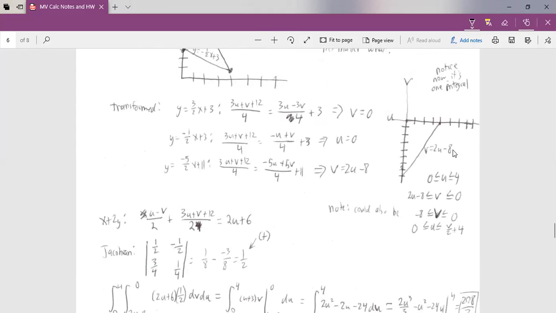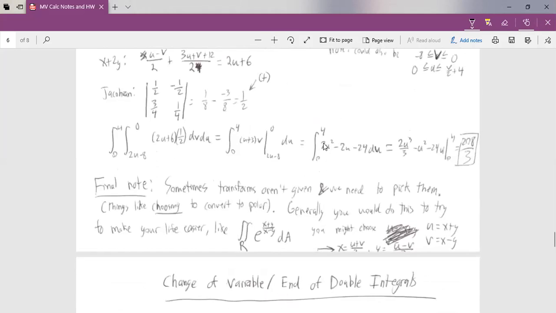There is no more to discuss here. As a final note, and I'll flip back to my whiteboard and show what I mean by this: sometimes transforms aren't given, and we need to pick them. Things like, for example, choosing to convert to polar. For the most part, you're not going to see a problem that just says convert to polar.